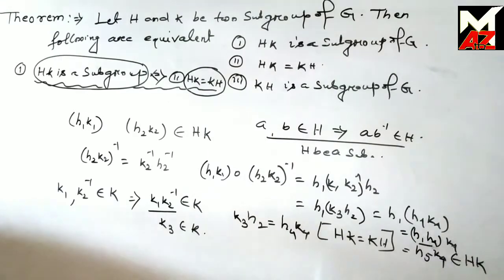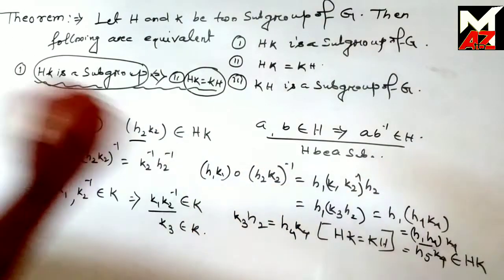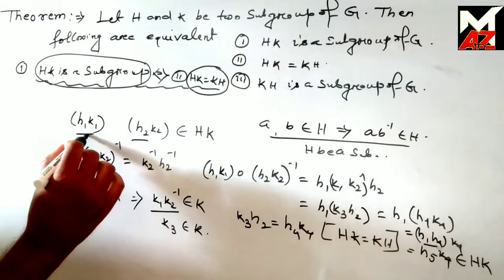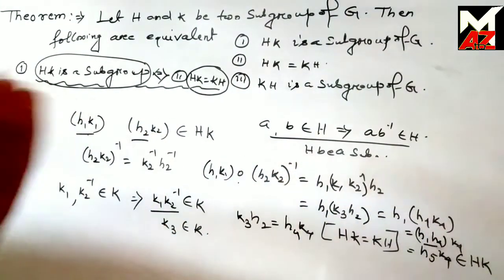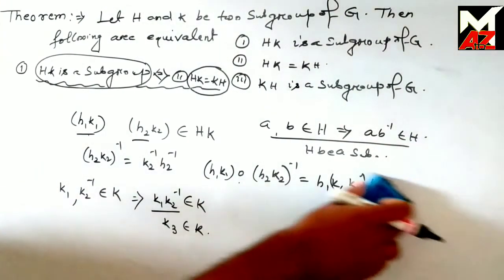So we see that if we take any two elements belonging to HK, then the first element into the second element inverse belongs to HK.